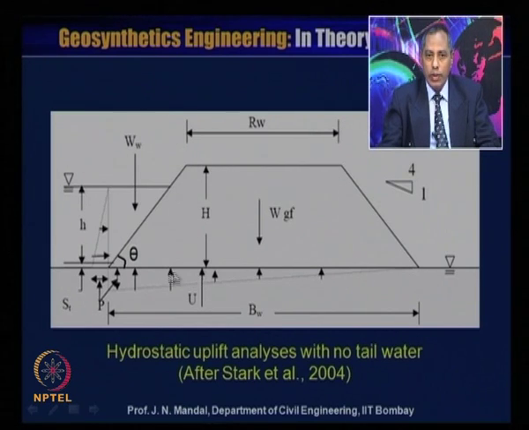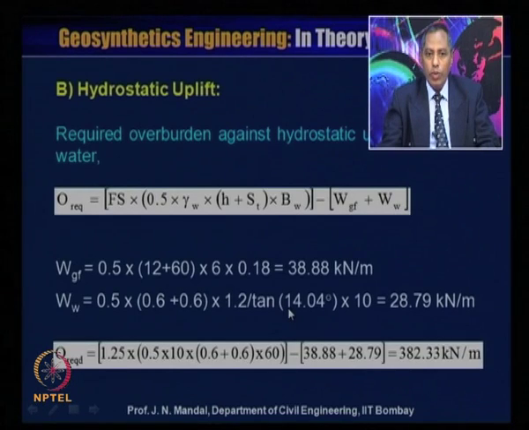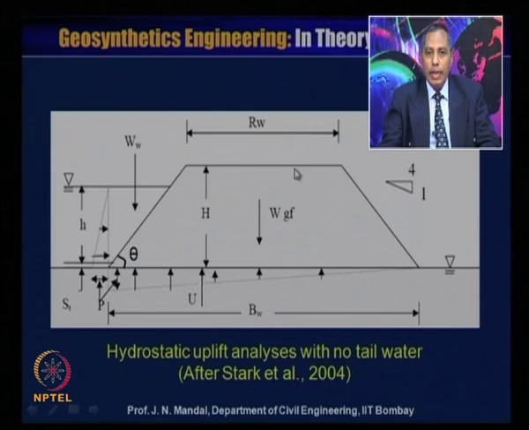Suppose you consider this is the embankment, made of geofoam, with top width Rw and bottom width Bw. The top width Rw is given as 12 and the bottom width Bw is given as 60. So it will be half into 12 plus 60, and the height, since this is a trapezoid.